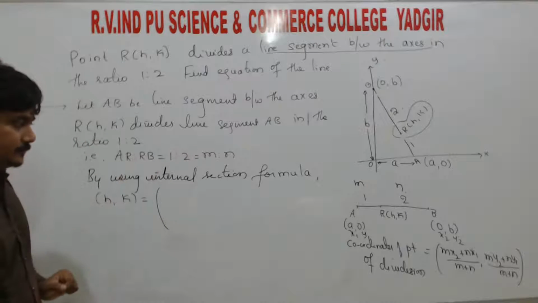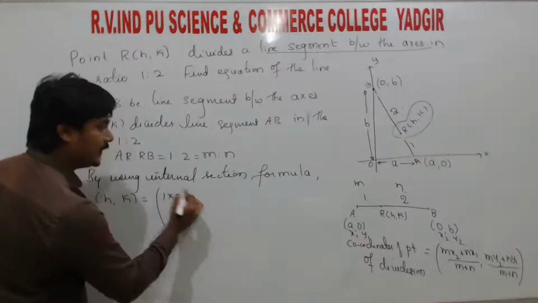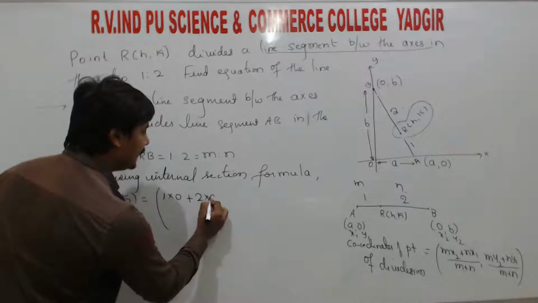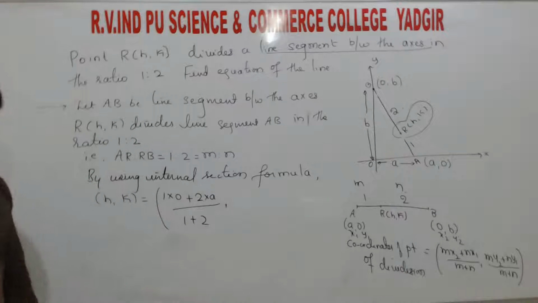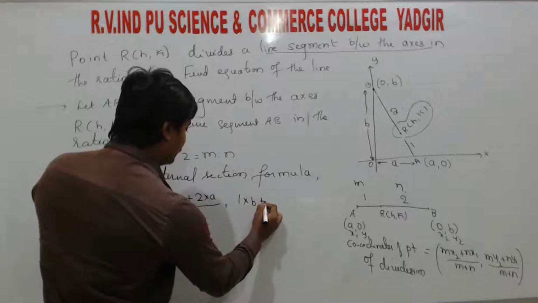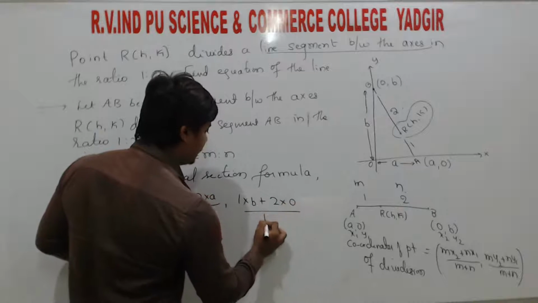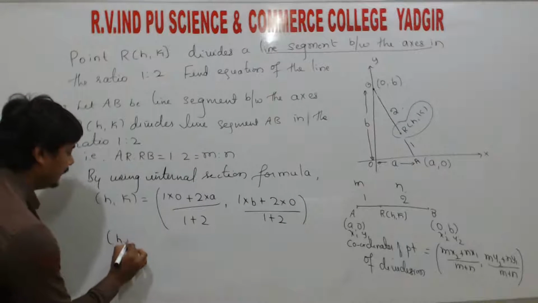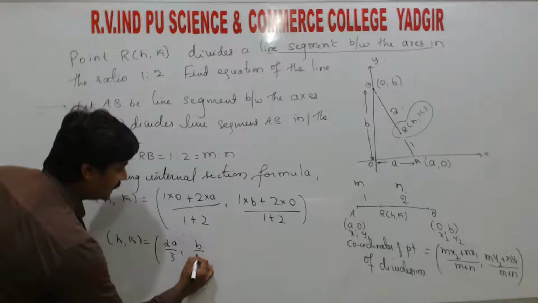So mx2, m is 1, x2 is 0, plus nx1, n value is 2, x1 is a, divided by m plus n, that is 1 plus 2, comma my2, 1 into y2 is b, plus ny1, n is 2, y1 is 0, divided by m plus n. Right? So this finally becomes (h, k) equal to (2a/3, b/3).